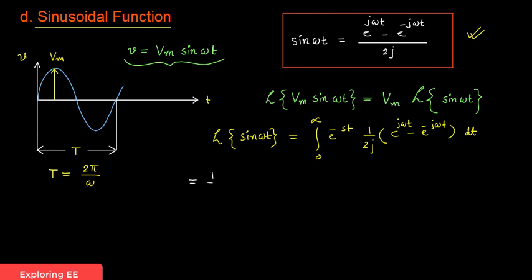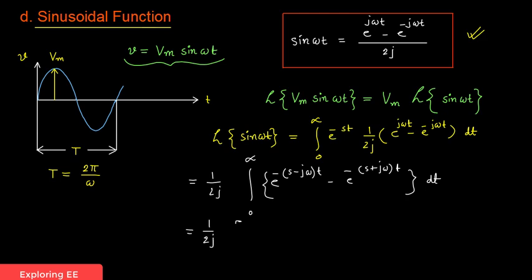So 1 by 2j is taken outside the integral, and we have the integral from 0 to infinity of e to the power minus (s minus j omega) times t minus e to the power minus (s plus j omega) times t. So 1 by 2j, the integration of the first term gives us 1 by (s minus j omega), the second term 1 by (s plus j omega). You can verify it by yourself under the limit 0 to infinity.